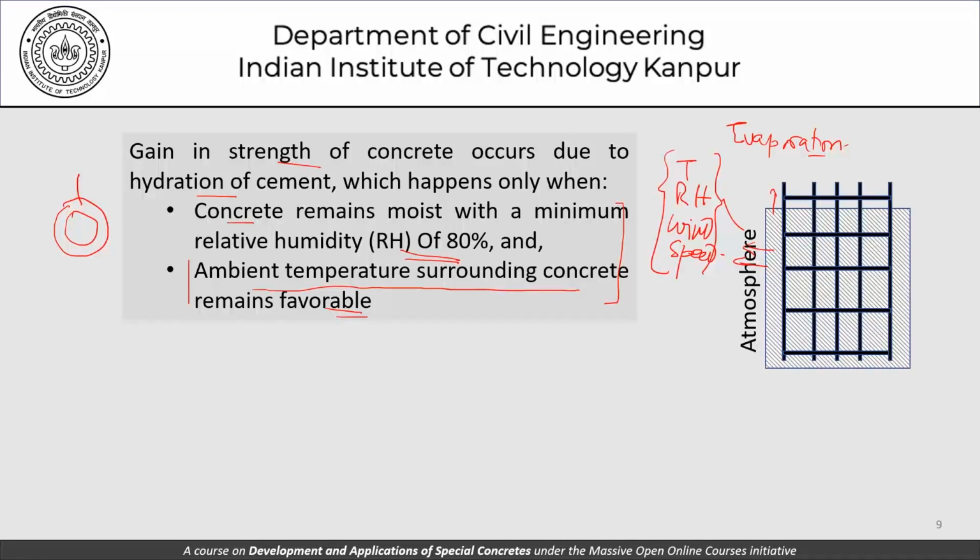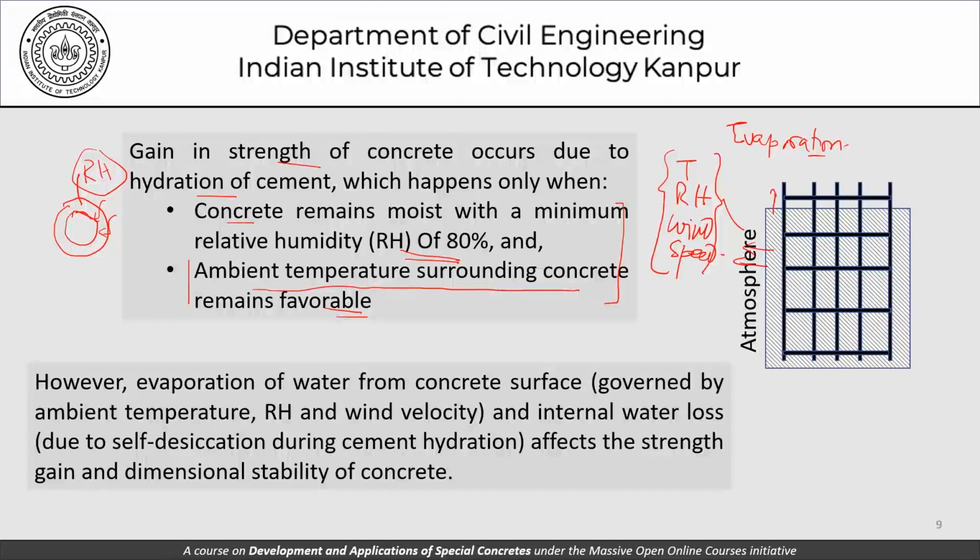If the relative humidity within concrete falls below 80%, becomes drier, then less water is likely to move inside these hydration products, come in contact with the fresh surface of cement and promote more hydration. That is the stoppage of hydration and stopping of gain in strength, and that's something which we want to prevent to the extent that is possible.